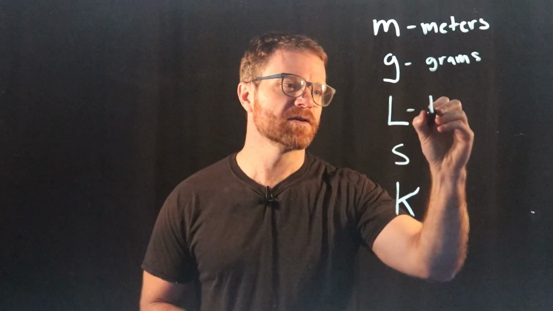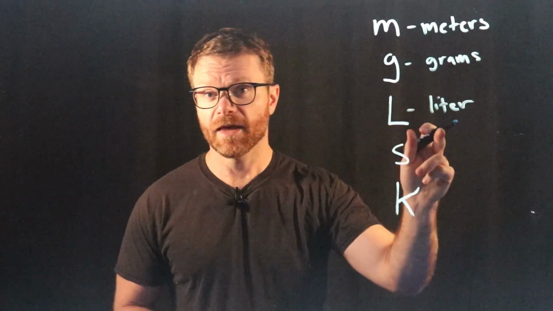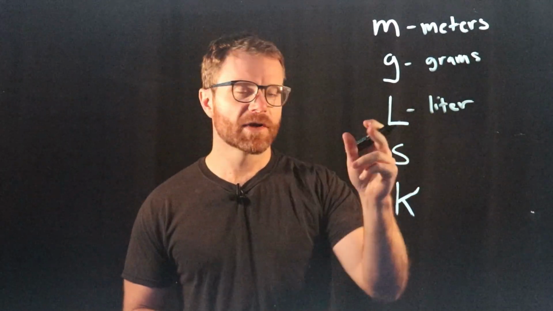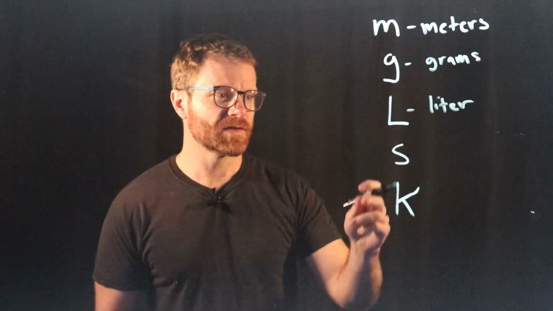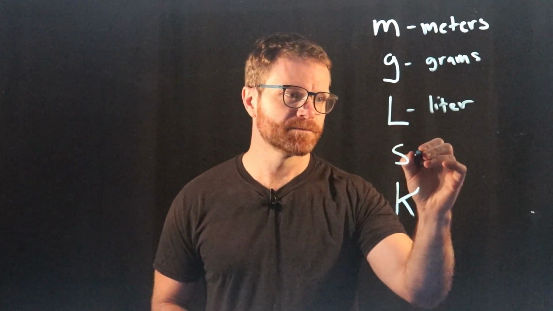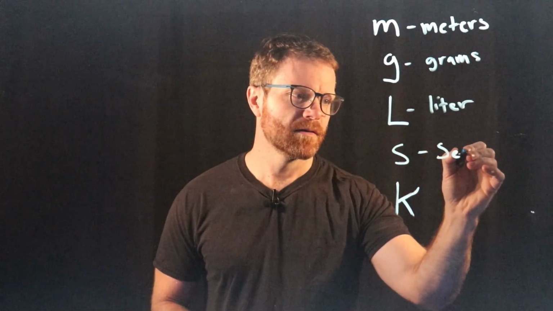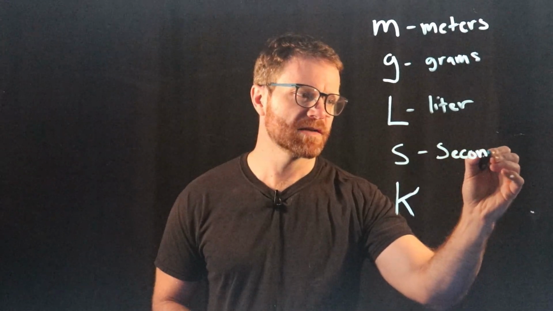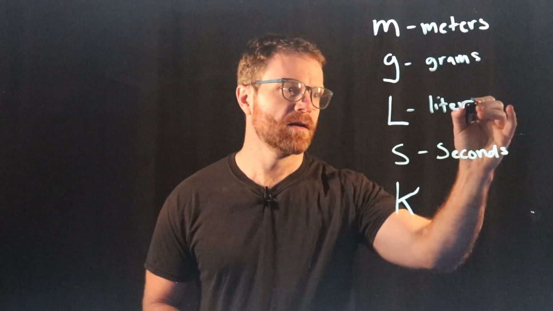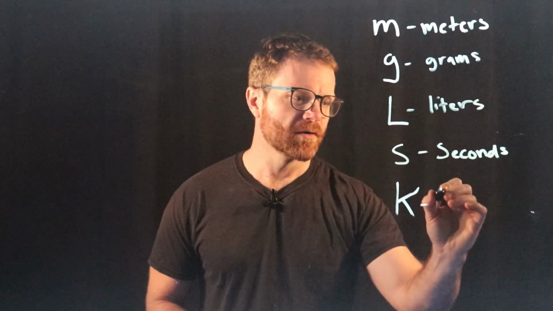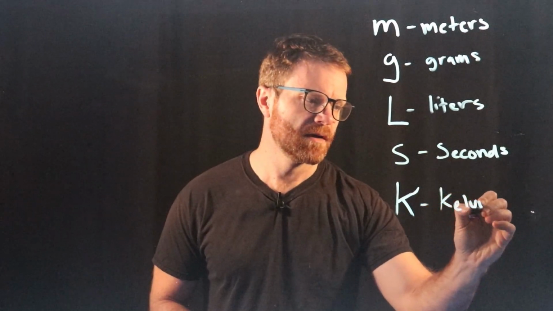Capital L is liters. And again, the capital here is really important. Lowercase l kind of looks like a 1, right? So a capital L stands out. Lowercase s for seconds. And capital K for kelvins.